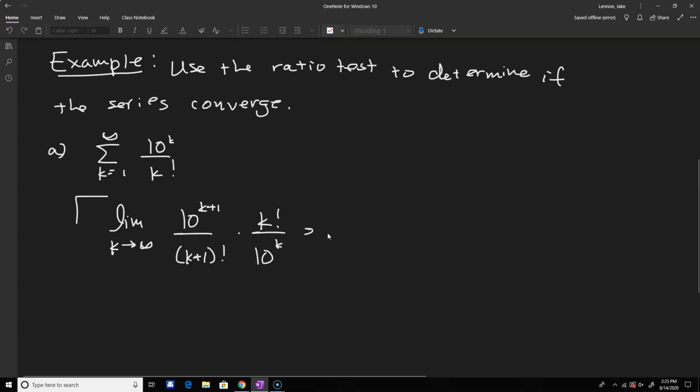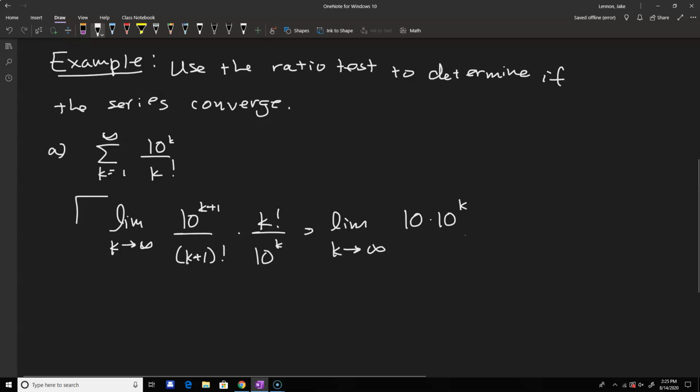Because if we want to rewrite this, we can actually rewrite it to show the cancellation a little bit more clearly. Remember 10 to the k plus 1 is just 10 times 10 to the k, and k plus 1 factorial is actually k plus 1 times k factorial. So usually I wouldn't write this out, but I will just to show the cancellation for this one.